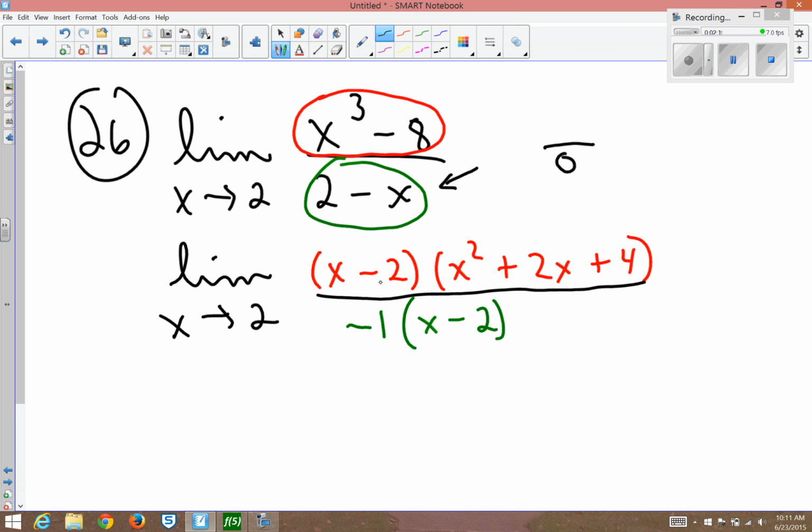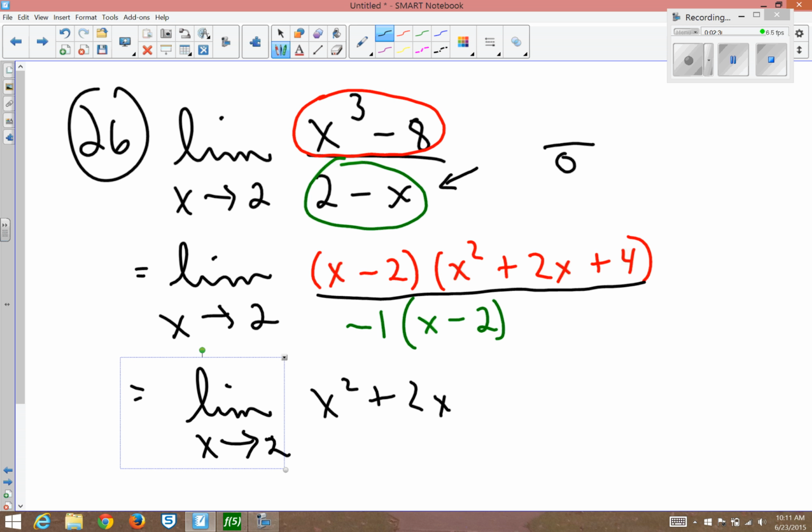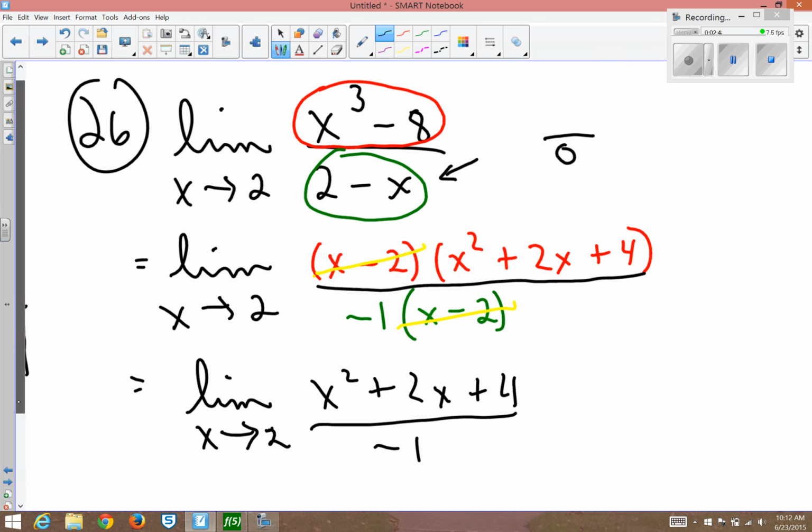So the x minus 2 in the numerator and the x minus 2 in the denominator cancel. Therefore, we have the limit as x approaches 2 of x squared plus 2x plus 4 over negative 1, because these are gone. And now we finish this by replacing x with 2.